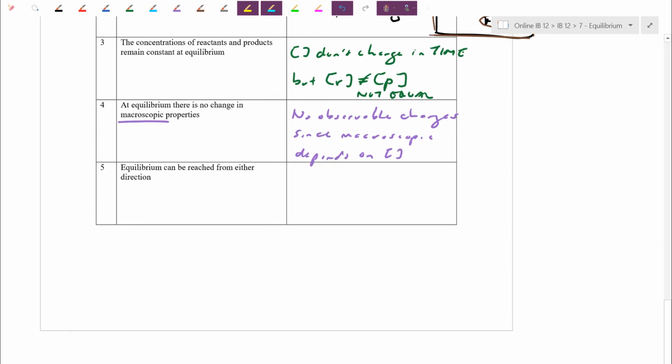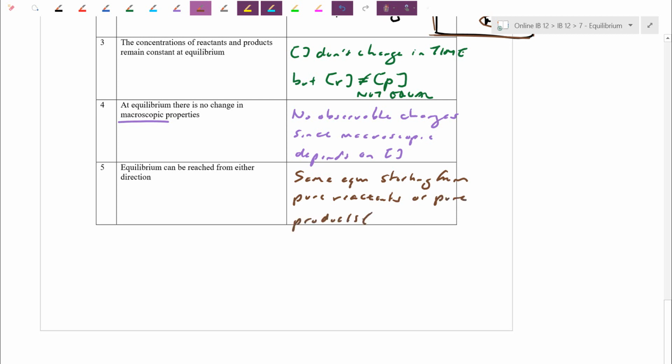Equilibrium can be reached from either direction, so we're going to hit the same equilibrium starting from pure reactants, like we did in case 1. We just put in the container just the reactants, so just a forward reaction is occurring, from pure reactants or pure products.